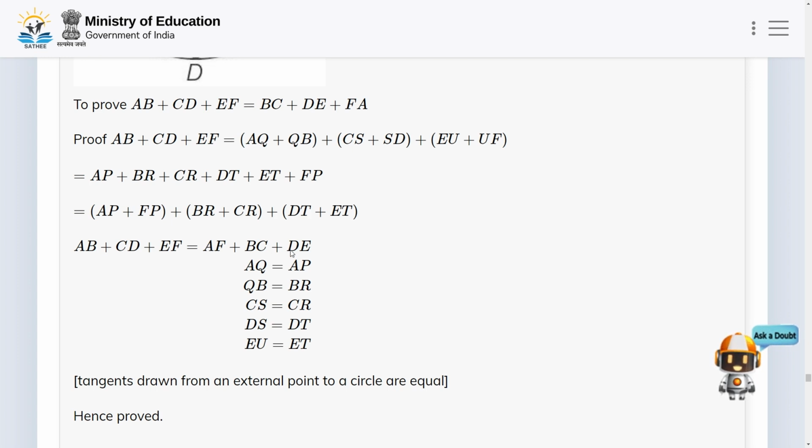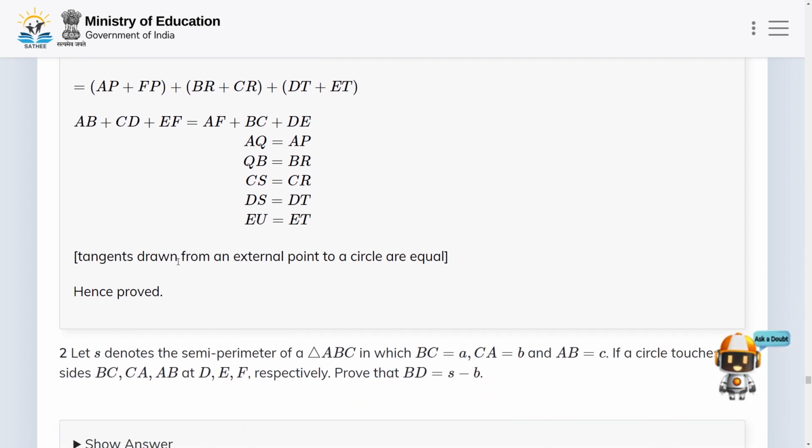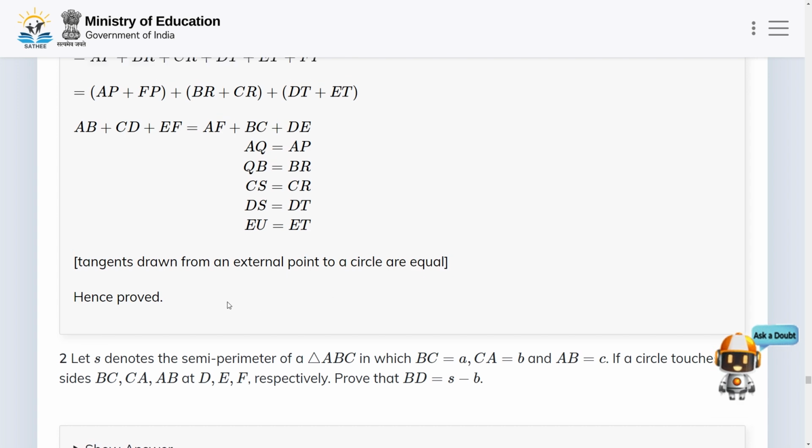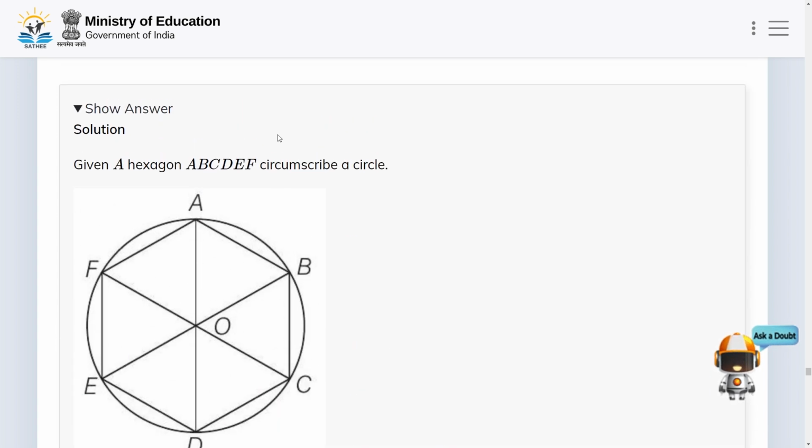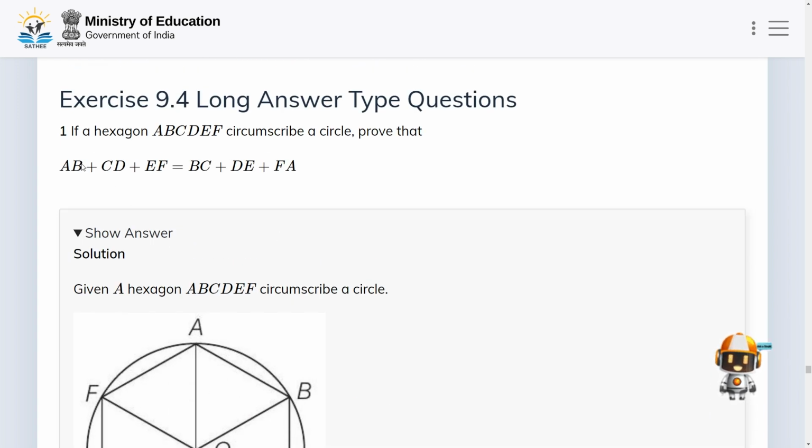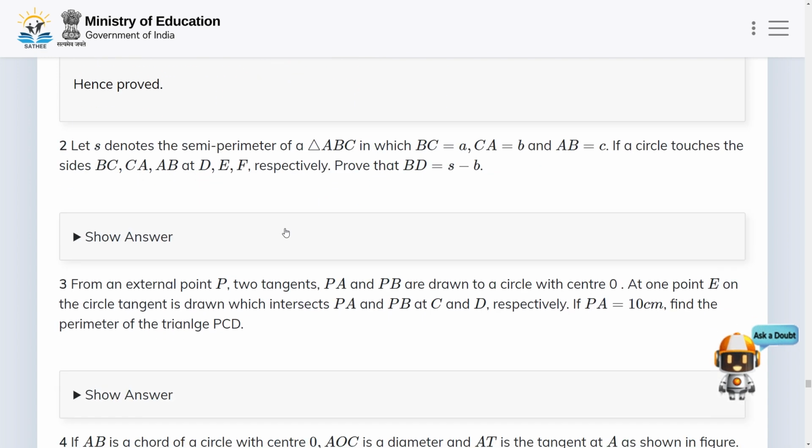Since AQ is equal to AP, QB is equal to BR, CS is equal to CR, SD is equal to DT, and EU is equal to ET, because tangents drawn from an external point to a circle are equal. Hence proved: AB plus CD plus EF is equal to BC plus DE plus FA. Now let us move to the next problem.